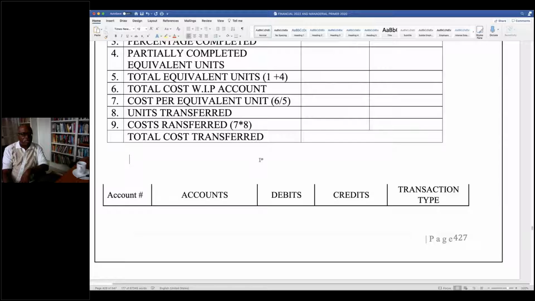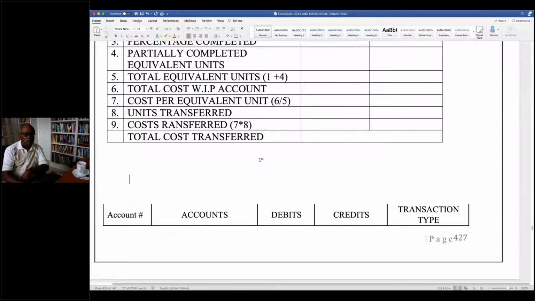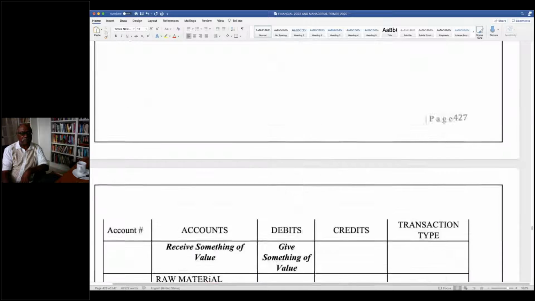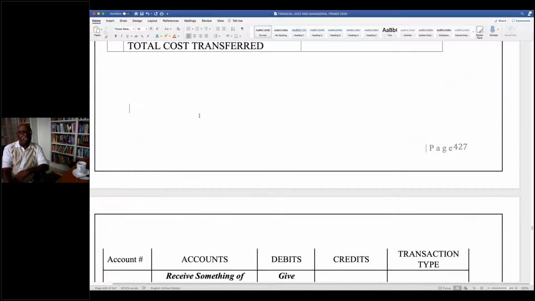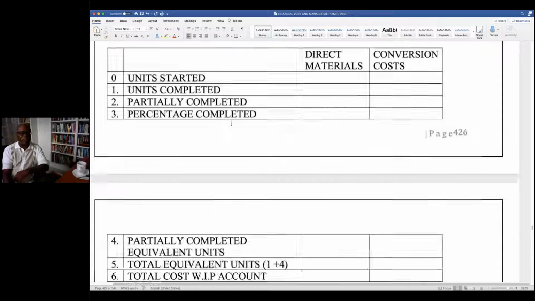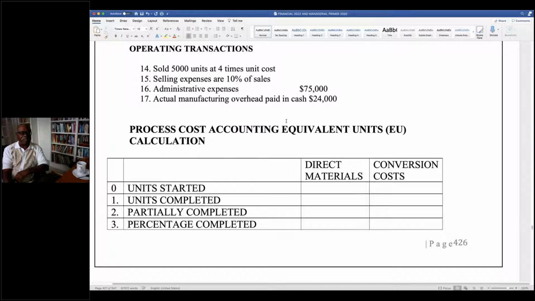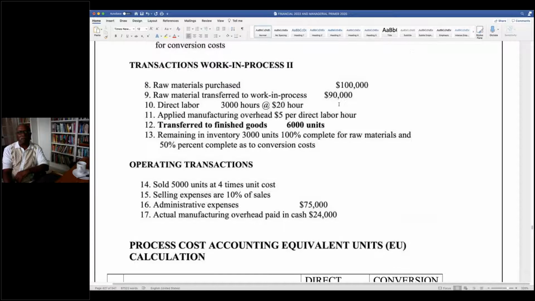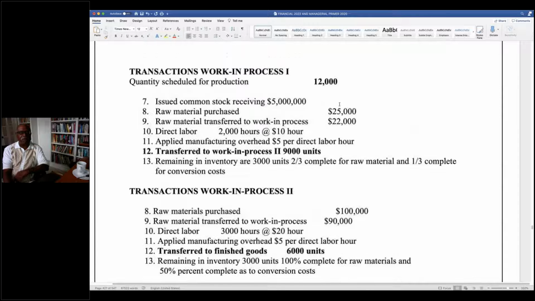Okay, so let's see if we can start making some journal entries. So who's up first? Who needs points the most?